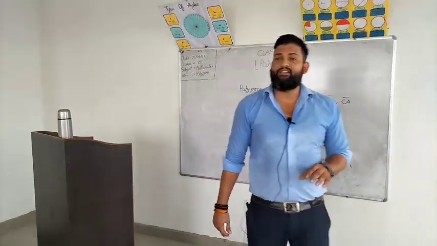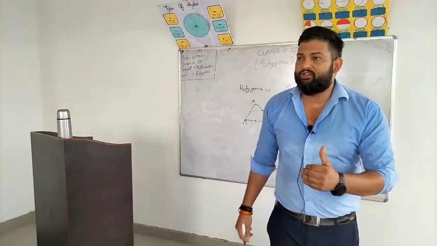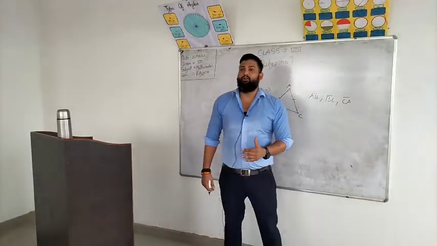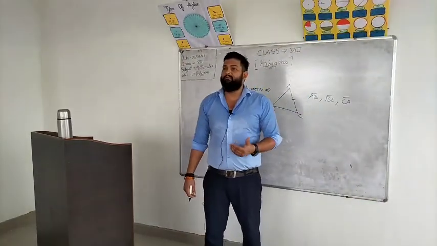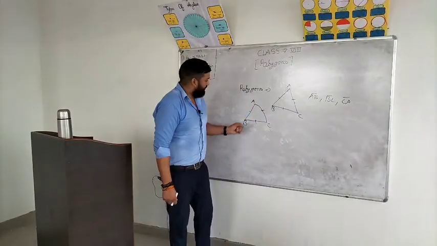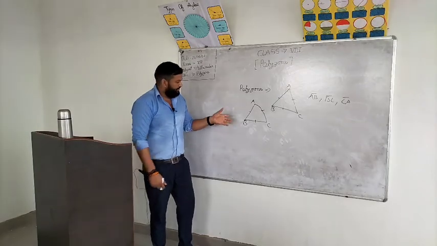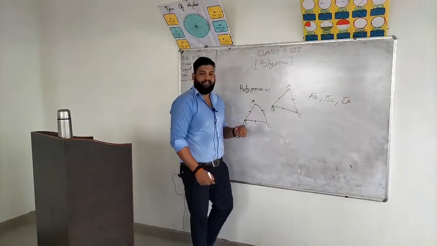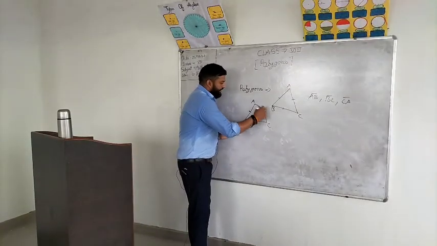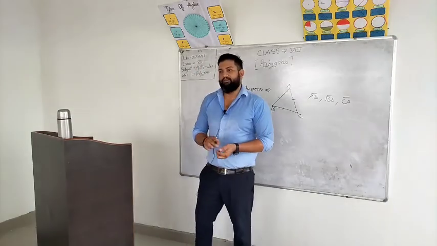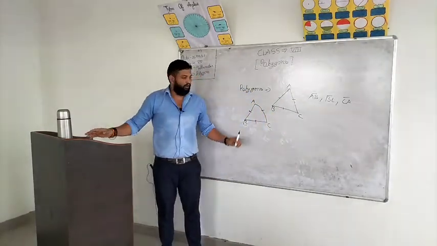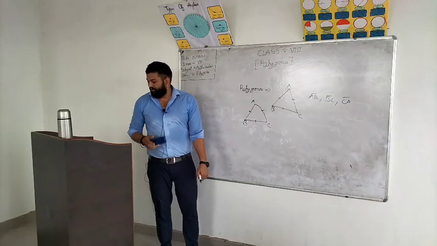And what is the definition of polygon? A simple closed curve made by line segments is called a polygon. But this figure is not following the condition of a polygon. There are two line segments, AB and BC, but there is an arc AC. So this is not a simple closed curve, and this is not a polygon.